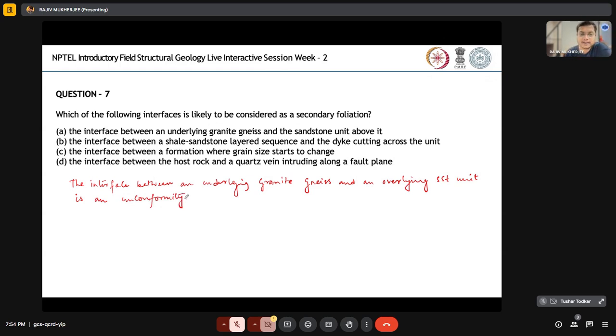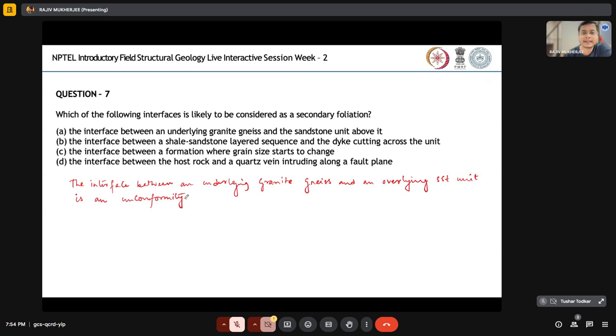Right? So this has to be an unconformity, because there has to be a separate time period between the metamorphism of a granite gneiss and the deposition of a sandstone, right?